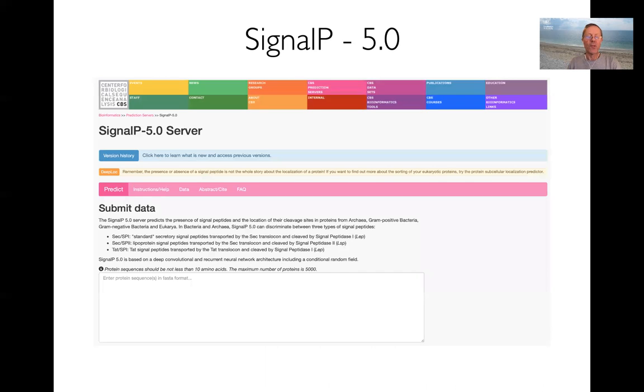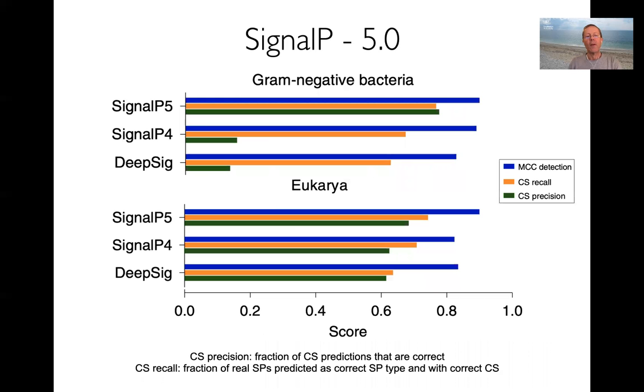Here is just the server. So you just paste in your sequence and hit the button and you get the prediction come back. But what's more interesting is perhaps how well this type of predictor performs now. So here is SignalP 5 compared to the performance of SignalP 4 and another one called DeepSig.